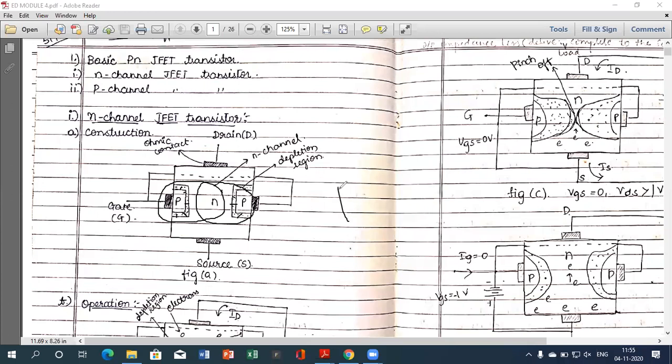As we discussed in the diode, if I connect one P-type and one N-type, then it forms the depletion layer. The same layer has been formed here also.